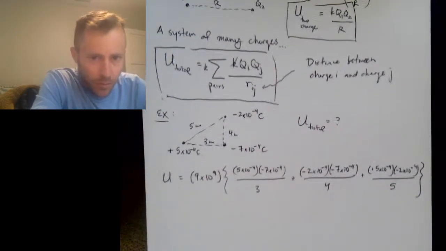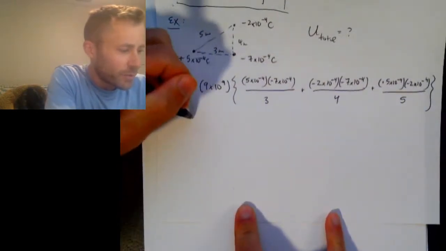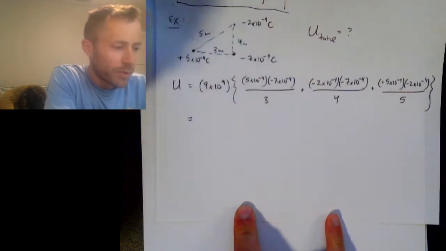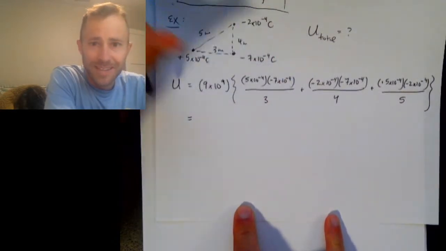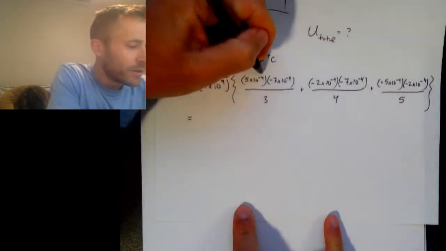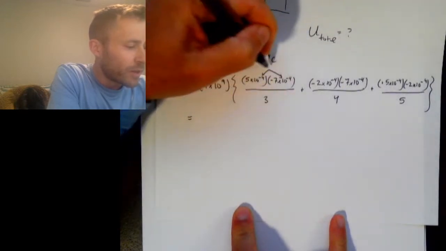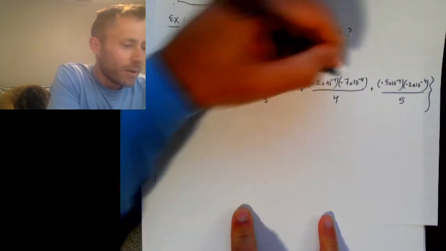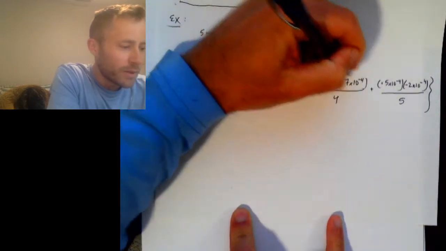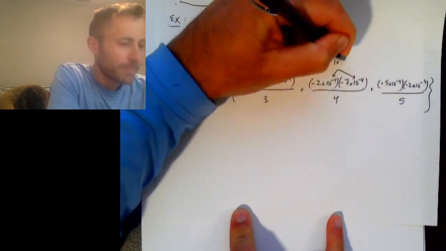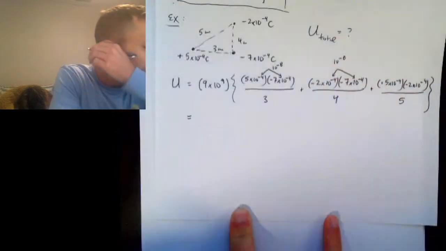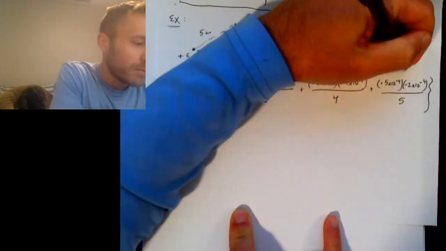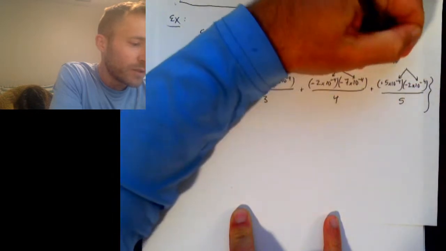Going to the next line, I'm just going to simplify this a little bit. 10 to the -4 times 10 to the -4 is 10 to the -8. Notice how all 3 of the terms have 10 to the -8.